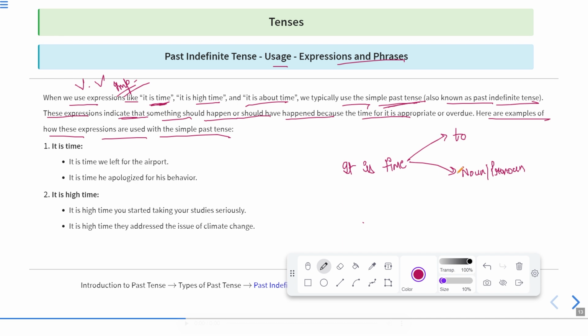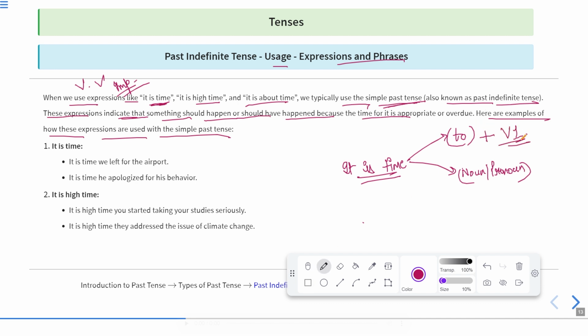What are the two conditions? One, that we can have to after this expression. Another, that we can have either a noun or a pronoun after this expression. If we have to after it, we will only have the verb first form.